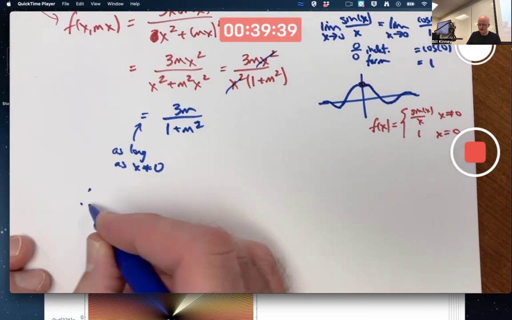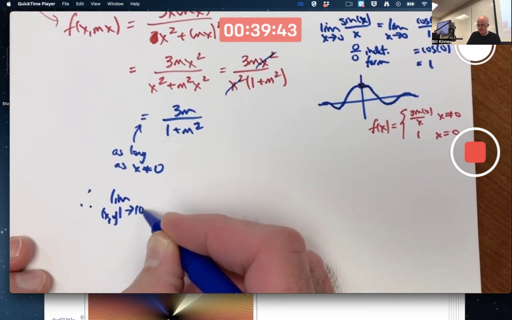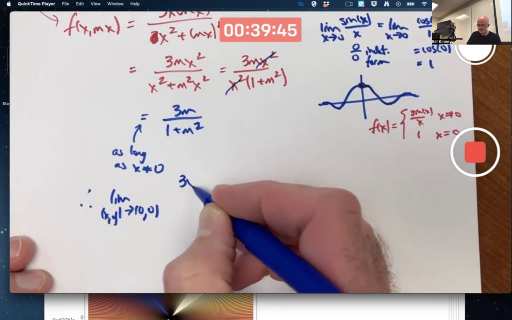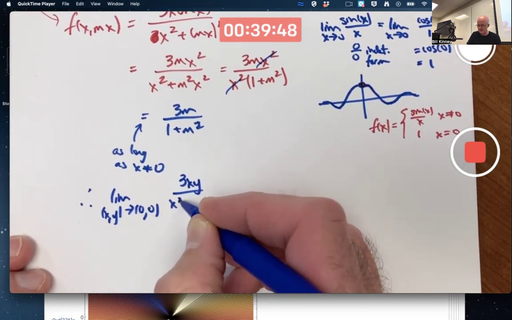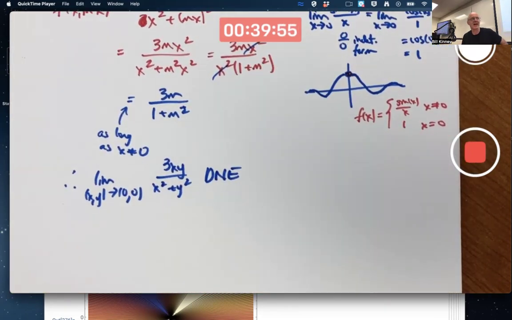Therefore, the overall limit as (x, y) approaches (0, 0) of 3xy over x squared plus y squared does not exist. And don't try saying it equals infinity or negative infinity here, because it doesn't have a vertical asymptote, okay?